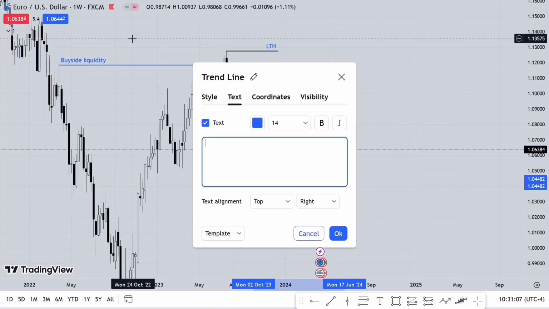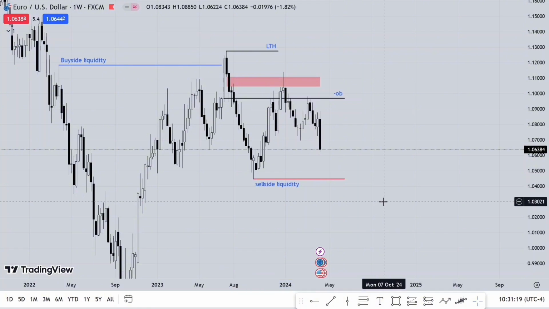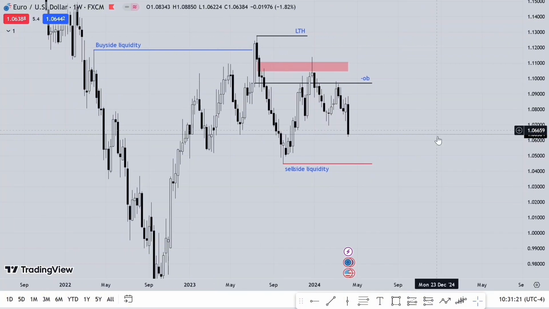So here we have sell side liquidity resting below this low.